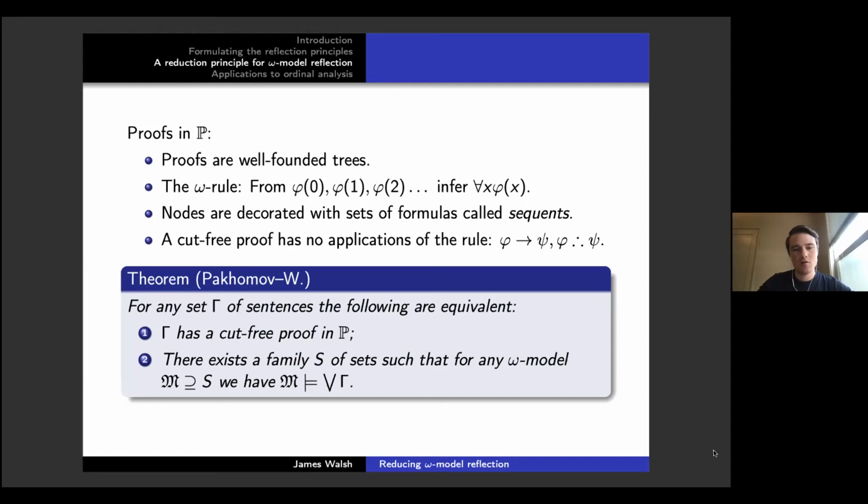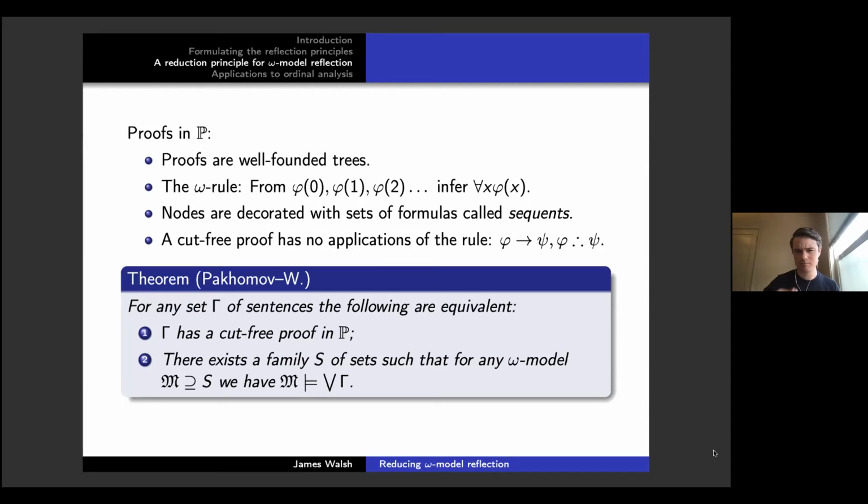So the first theorem is a completeness theorem, sort of in the sense of Gödel's completeness theorem. It says the following: for any set gamma of sentences, so for any sequent gamma, the following are equivalent. First, gamma has a cut-free proof in P. And second, there exists a family S of sets such that for any omega model M containing S, M satisfies one of the sentences in gamma.